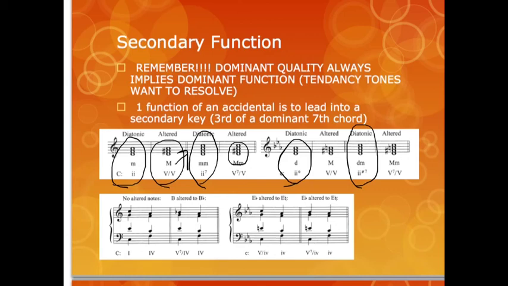But in this context, we get C, E, G, and B flat, which is a dominant quality, implying dominant function. 5-7 of 4 resolving to 4. As you can see, we already have the E natural, which resolves up in a different voice, to F, but we have the B flat, which wants to resolve down by half step to A. So here's a C major triad, 5-7 of 4, resolving to 4.